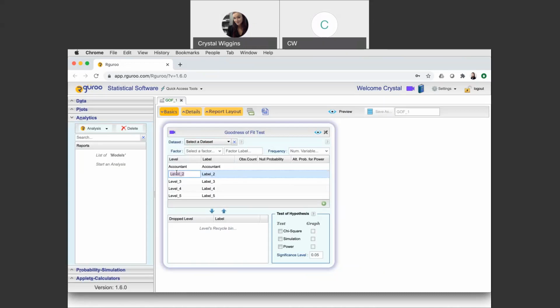Second one is by hand. Third one is computer software. The fourth one is friends and family. My labels, I'm just going to make abbreviations. The last one is a tax preparation service.